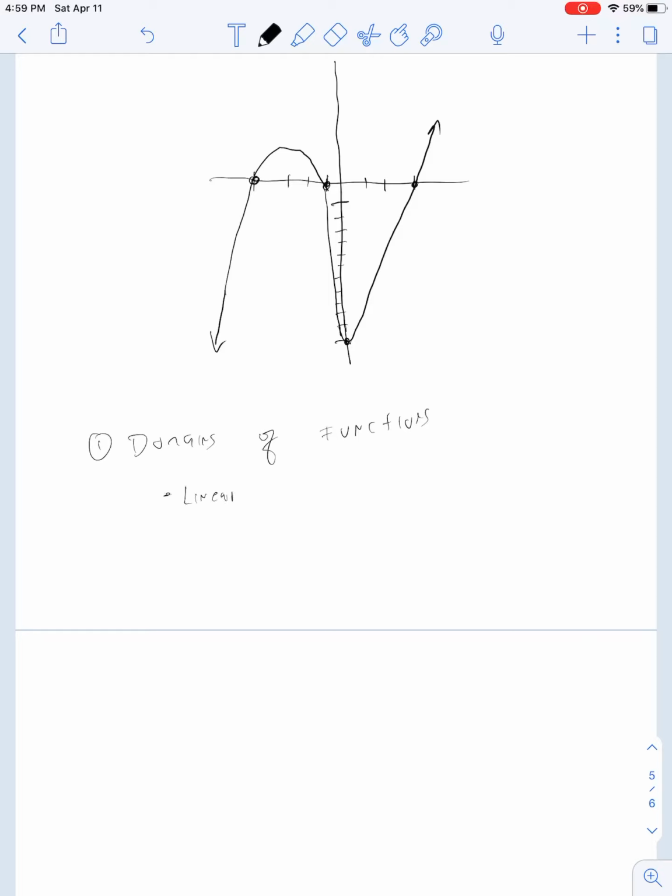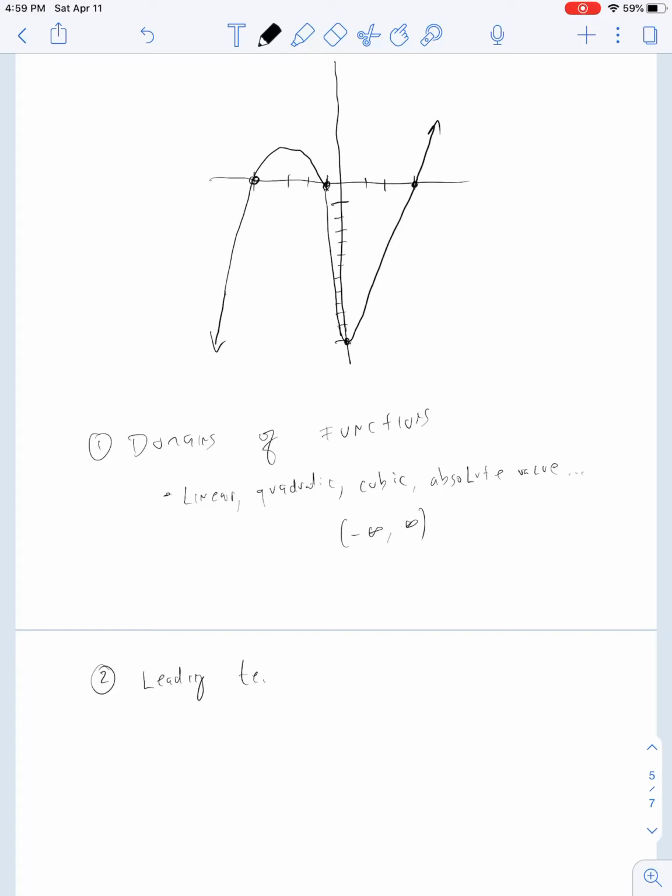Anything we talked about, linear, quadratic, cubic, absolute value, just to name a few, are always negative infinity to positive infinity. And we're talking about polynomials, so we'll just kind of stress on that.